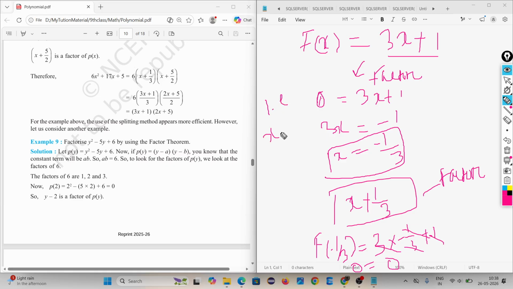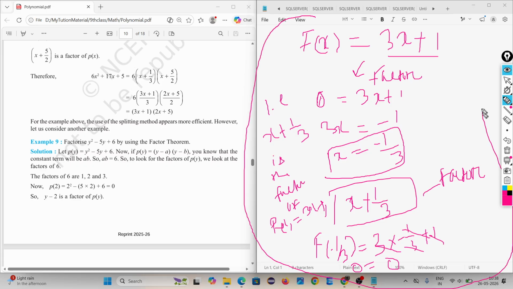That means 3x plus 1 is the factor of the polynomial. This is how we find the factor of a linear polynomial.